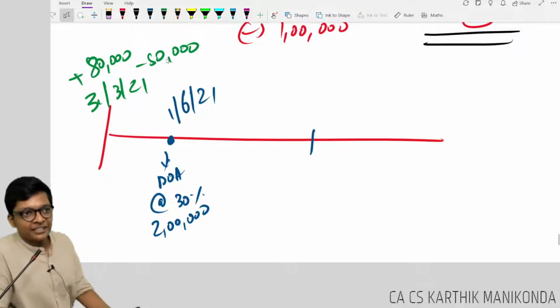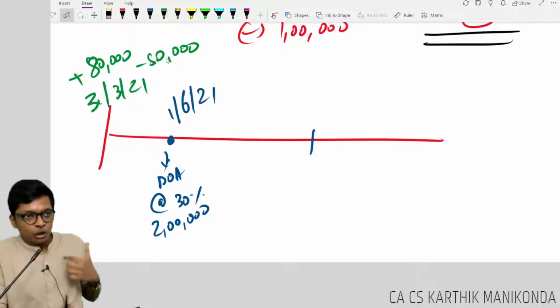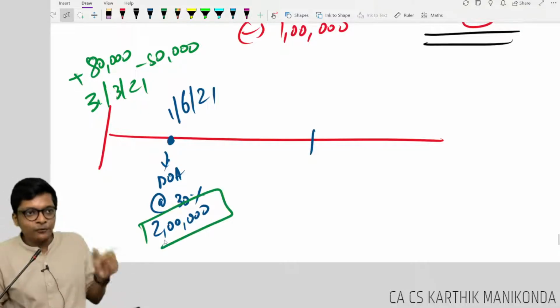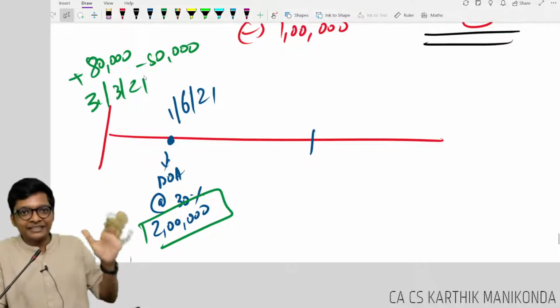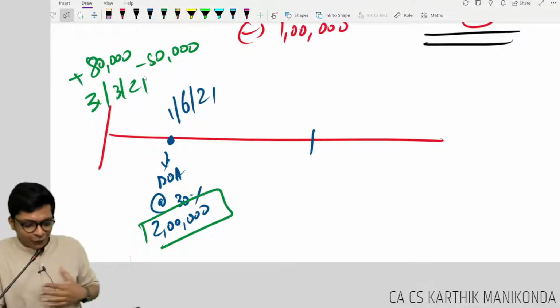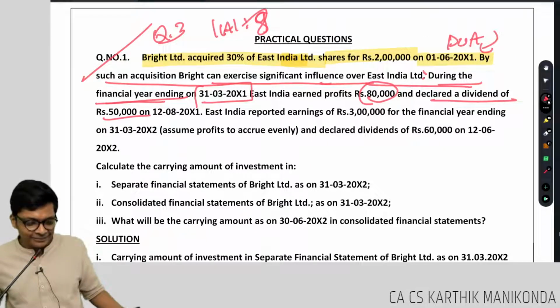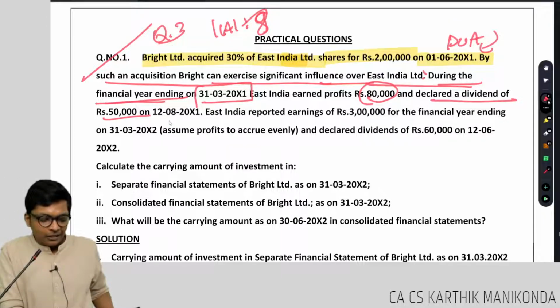That means what profit is this? Pre-acquisition. What dividend is this? Pre-acquisition. So from this cost of investment, I have to reduce pre-acquisition dividend. Reduce how much? Radharam says 50,000. It's 50,000 into 30%. Are you following, guys? First he told 50, then he changed. Joking, guys.